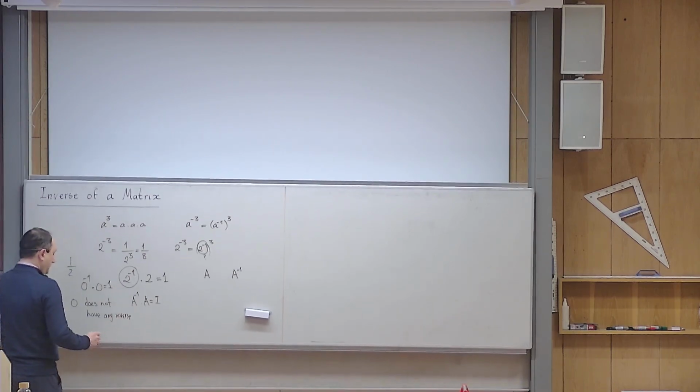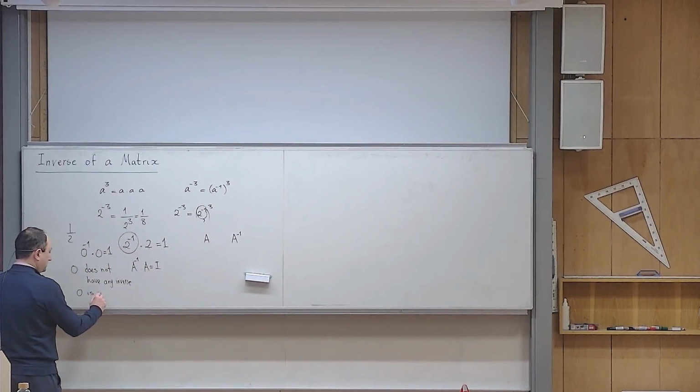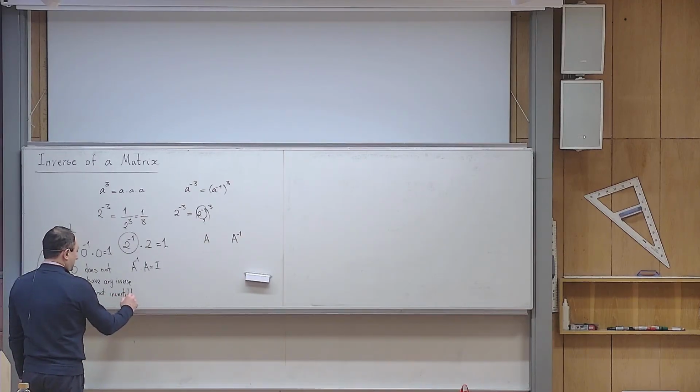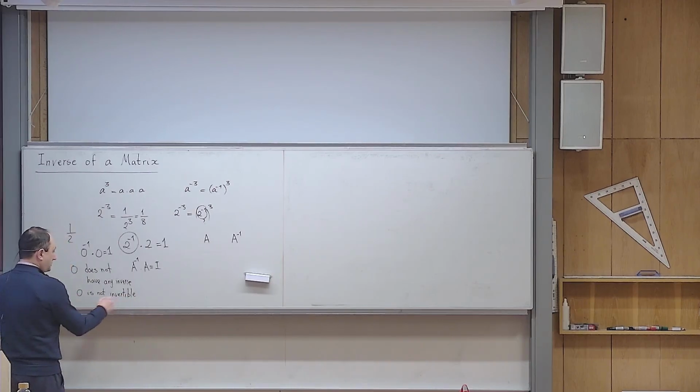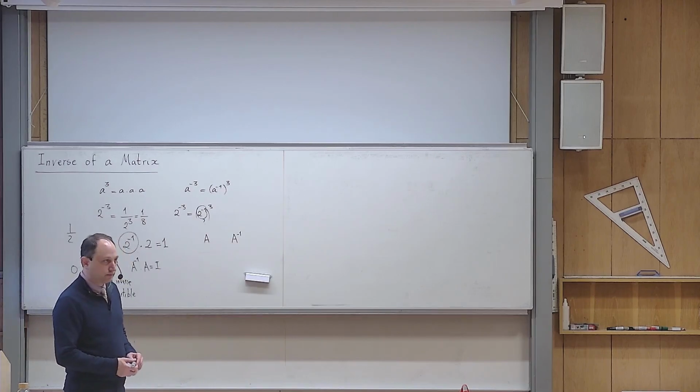Or technically speaking, we can say 0 is not invertible. Of course, these words are not used in number algebra, but there's nothing wrong with that. So 0 is not invertible. So we cannot find an inverse for 0. Okay?